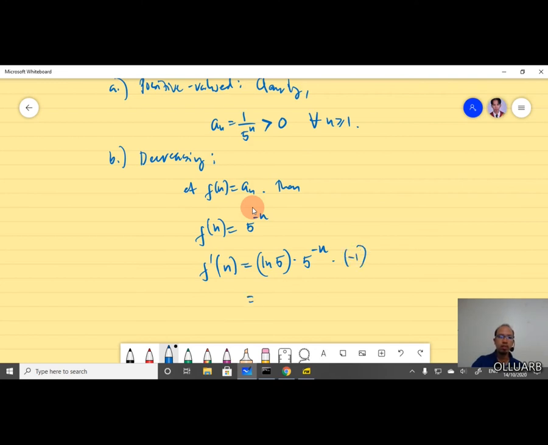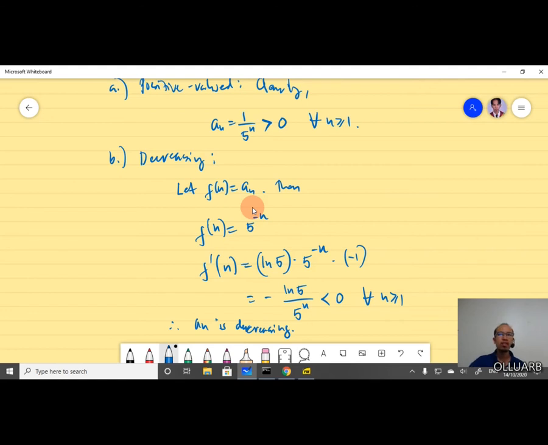So if you simplify, this is negative ln 5 over 5 to the n, and this is clearly less than 0 for all n greater than 1. This is obvious. ln 5 is a positive number. 5 to the n is always positive for all n. Times negative, this is always less than 0. So therefore, a sub n is decreasing.